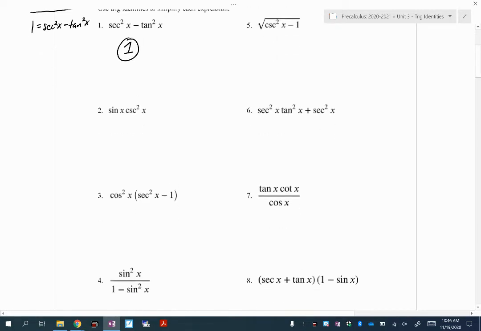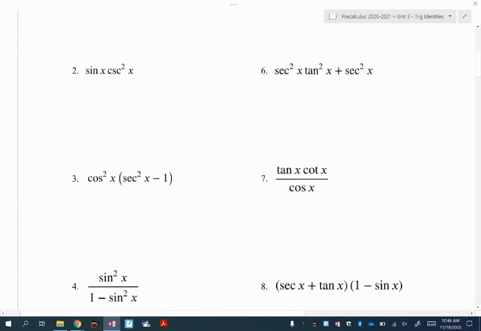Let's look at number 2. Number 2 says sine of x times cosecant squared x. All right, so if I were to break that up, I have the sine of x over 1 times 1 over sine squared x, right? Because cosecant and sine are reciprocal trig identities there.